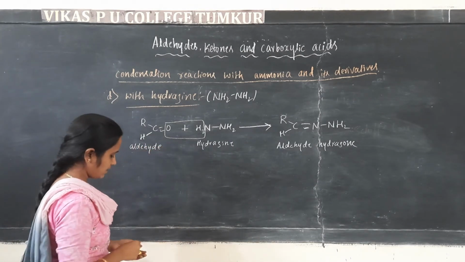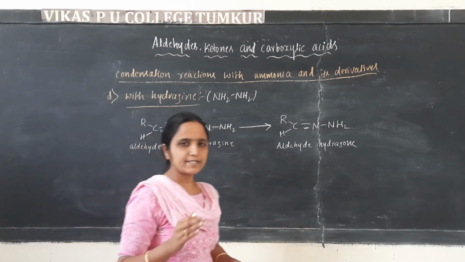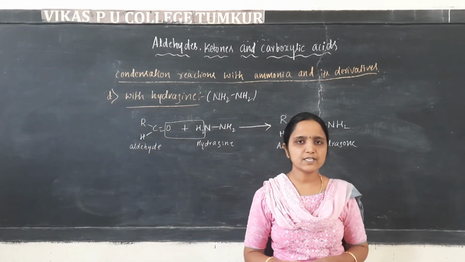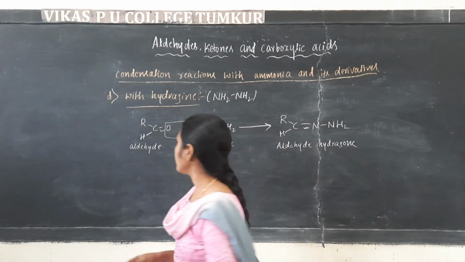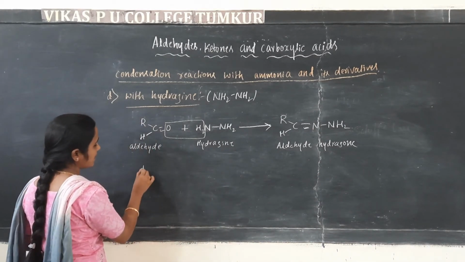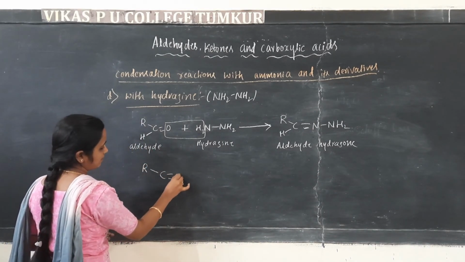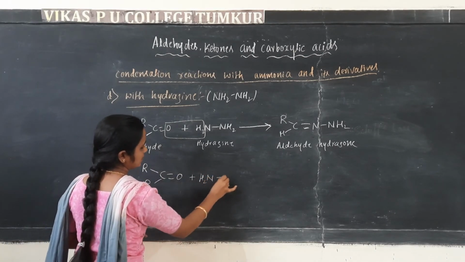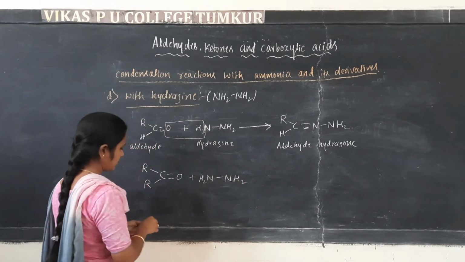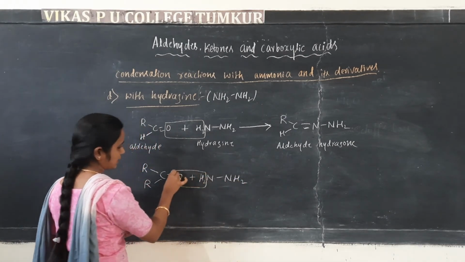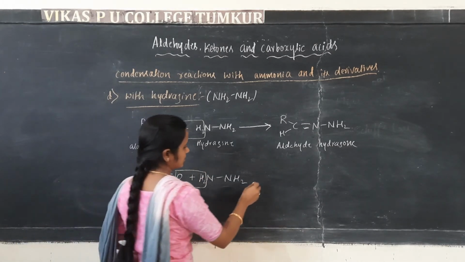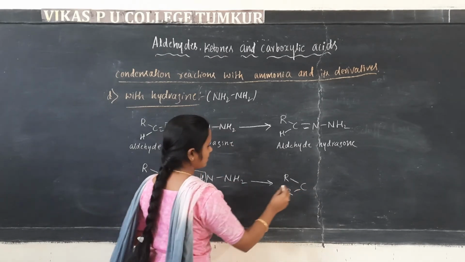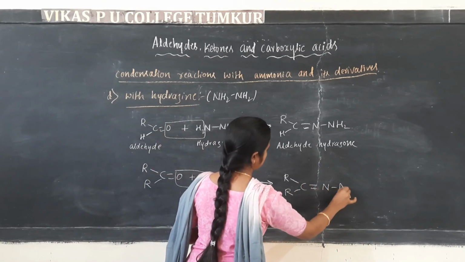Like that only for the ketones. The ketones react with the hydrazine, and it's going to form a ketone hydrazone. That can be written as RCOR plus NH2NH2. Then with the removal of the water molecule, it's going to form RCR double bond NNH2.